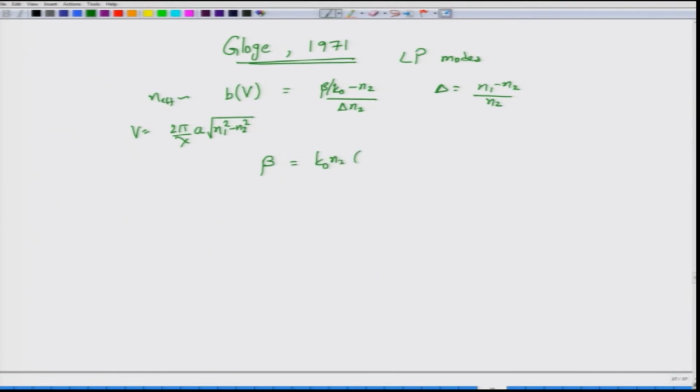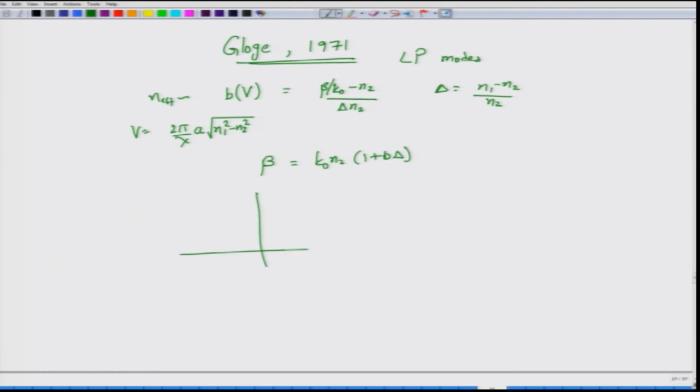So, you are now looking at an expression where beta can be written as k0 n2 times 1 plus b times delta, where b is the propagation constant of the mode that is propagating, and of course, you know from our earlier discussions of LP modes that there are many modes, and therefore, you have to be careful as to which mode is propagating. Okay.